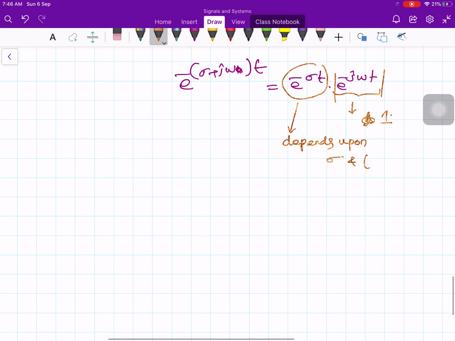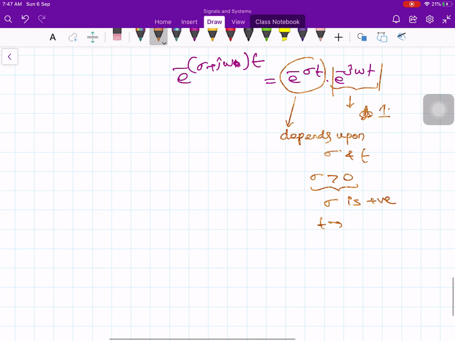So as long as sigma is greater than 0, sigma is positive, and t goes to infinity, then e to the minus sigma t goes to 0. Therefore at the upper limit we make sure that this e to the minus st goes to 0 by taking the limit t goes to infinity. So this is the condition we need to find out.